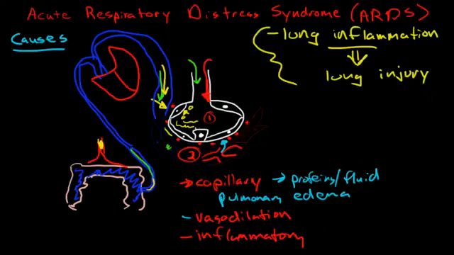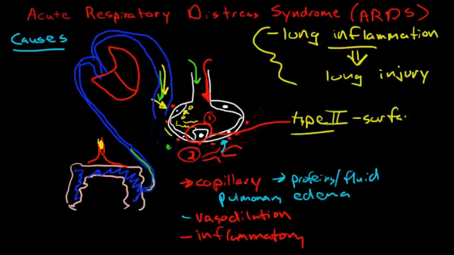And the inflammation is going to start causing injury to the cells. It's going to injure the type 2 alveolar cells, and these cells are critical for producing surfactant. So we're going to have decreased surfactant production.